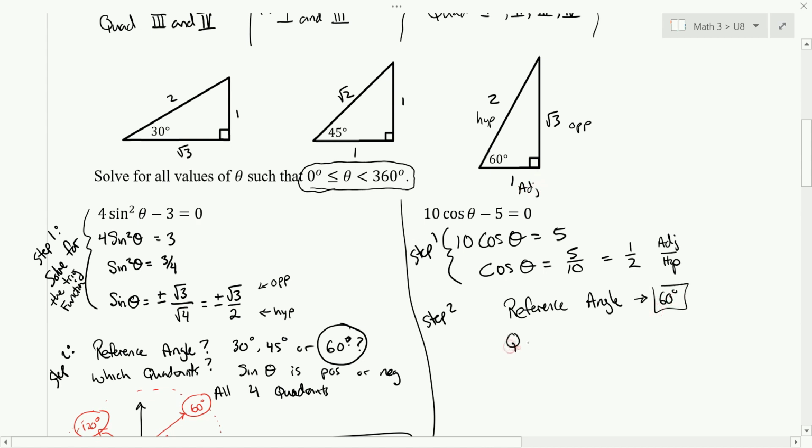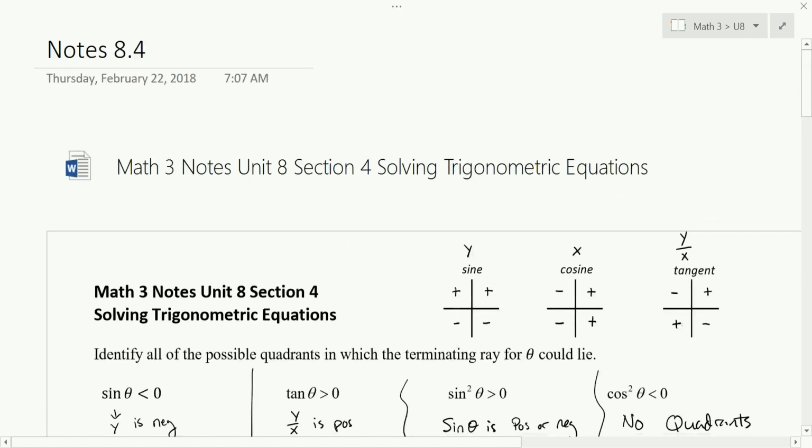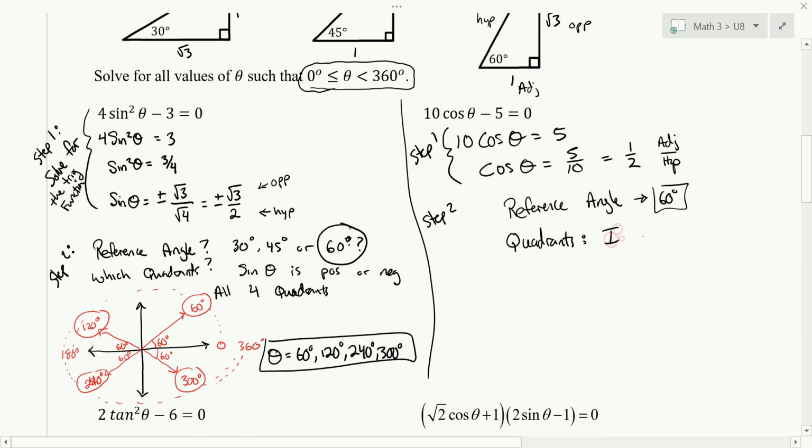And then we ask, in what quadrants? In order to find our quadrants, we take note that this is cosine, and cosine is equal to positive 1/2. If the x value is positive, and you can even look back up here, we see that cosine is positive in quadrant 1 and quadrant 4. So quadrants 1 and 4.